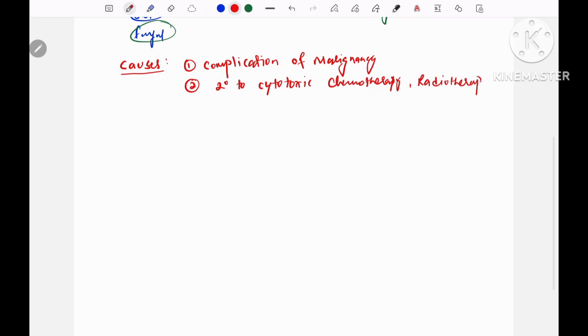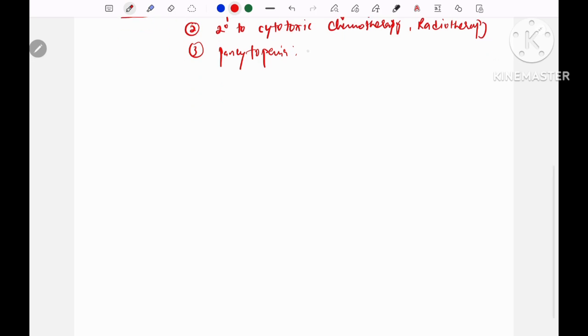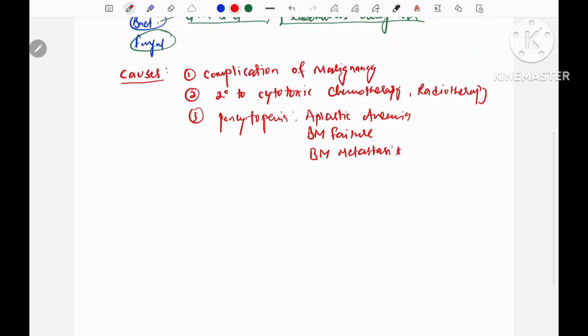Also it can occur in case of pancytopenia, for example if there is aplastic anemia, bone marrow failure, or bone marrow metastasis. So these are the causes which can cause febrile neutropenia.